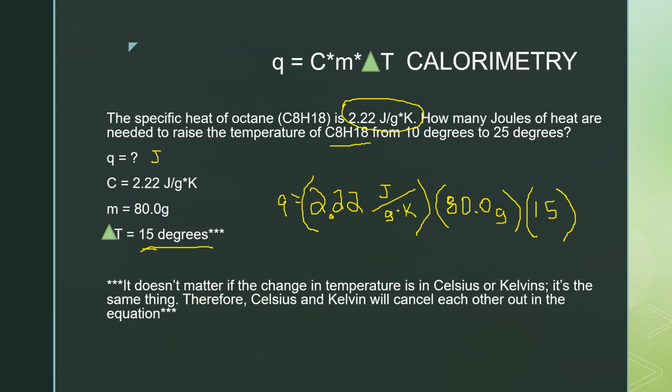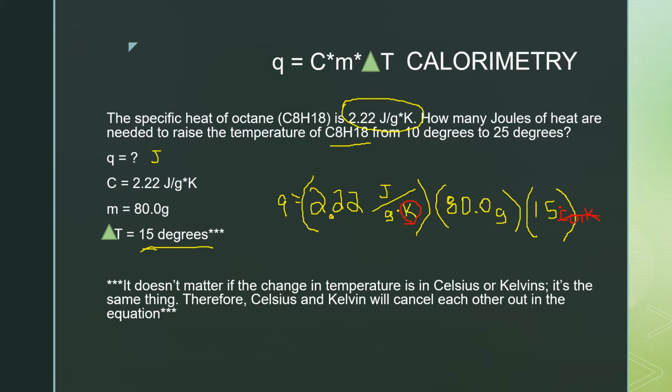So when these units of measurement go to cancel out, this Kelvin over here in the specific heat part of the formula is going to cancel out with whatever you have over here, whether it's degrees Celsius or kelvins. It doesn't matter. They will just cancel each other out.